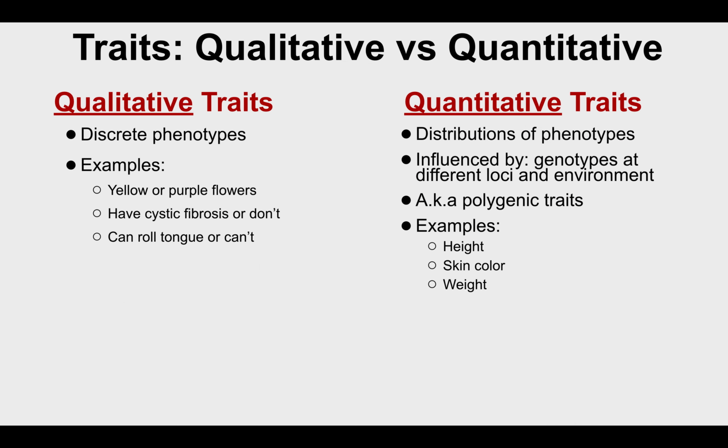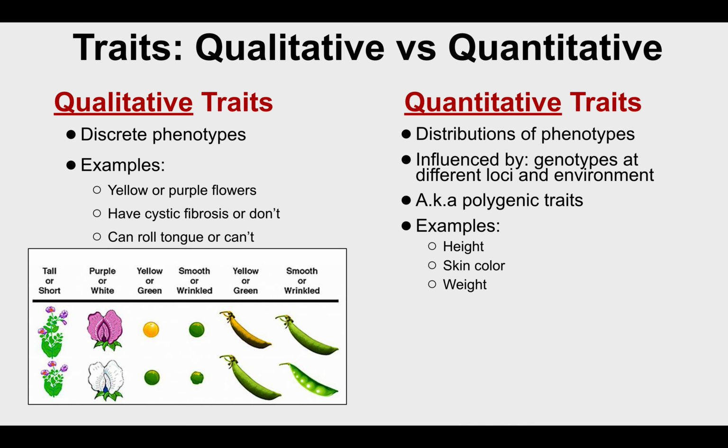All right, we can describe these different types of traits as either qualitative or quantitative. Qualitative is what we are most familiar with. They're very discrete phenotypes. You have yellow or purple flowers, or you can roll your tongue or you can't. Very distinct phenotypes.